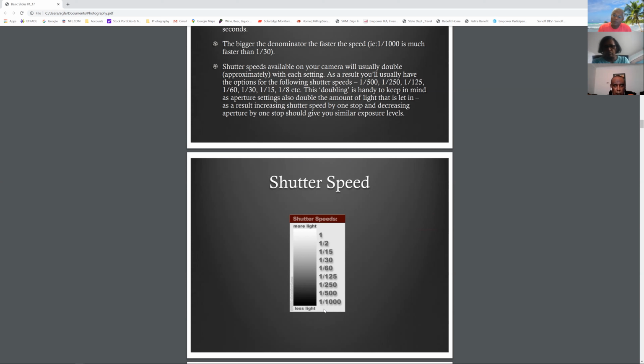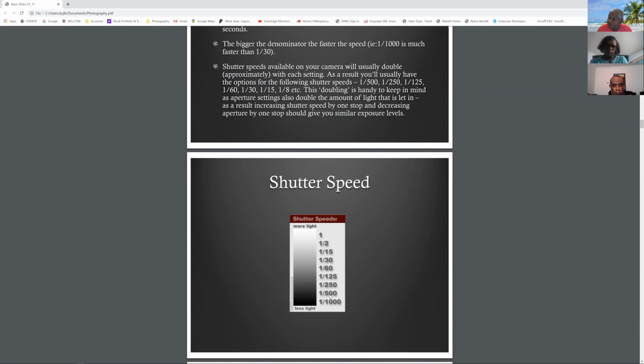If you compare 1/1000th of a second with 1/500th of a second, in 1/500th you let double the light come to the sensor.